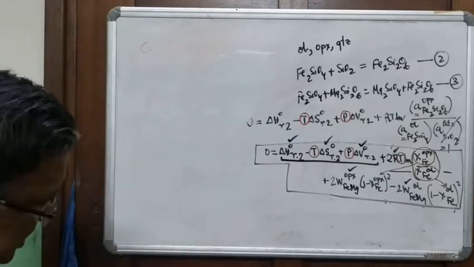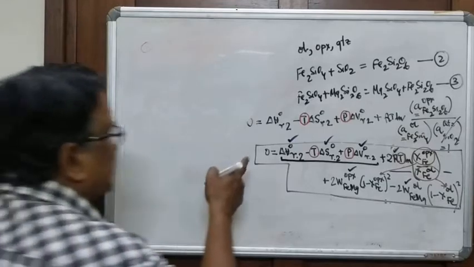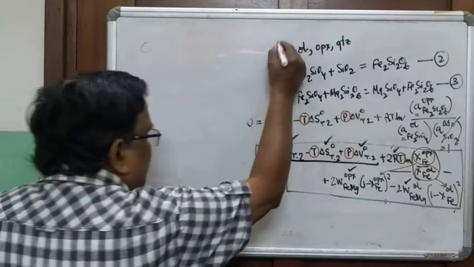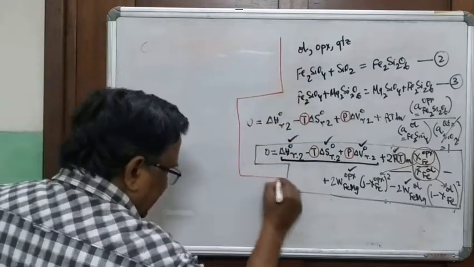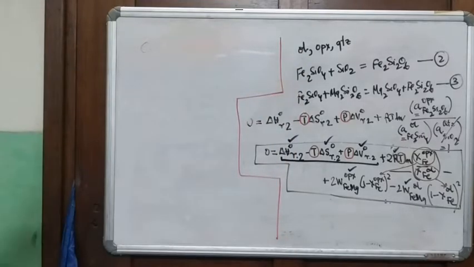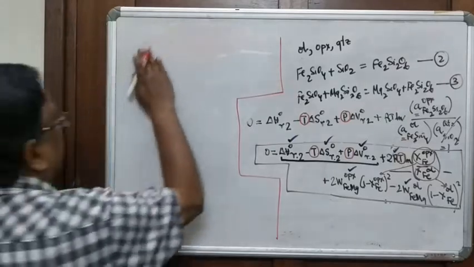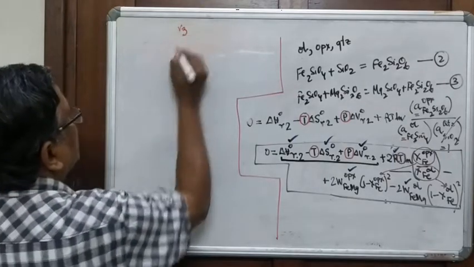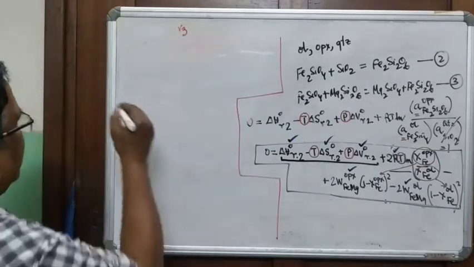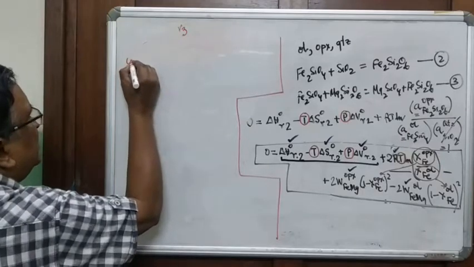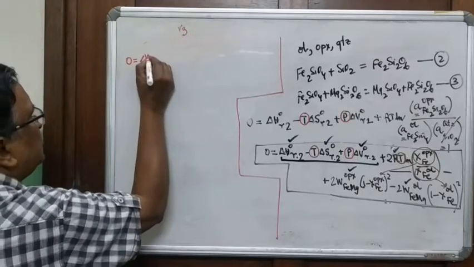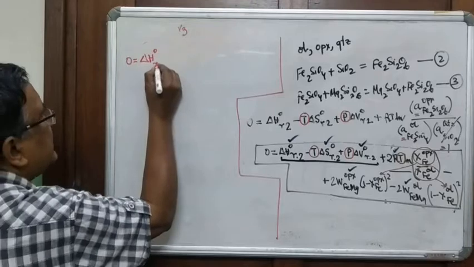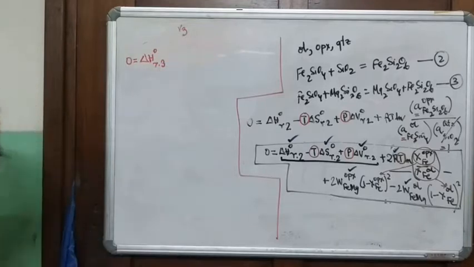I'm writing with this one here. So this is reaction 3 now, right? This is reaction 3 that we are talking about. So reaction 3, if I write, then 0 is equal to delta H0 R3, not R2.